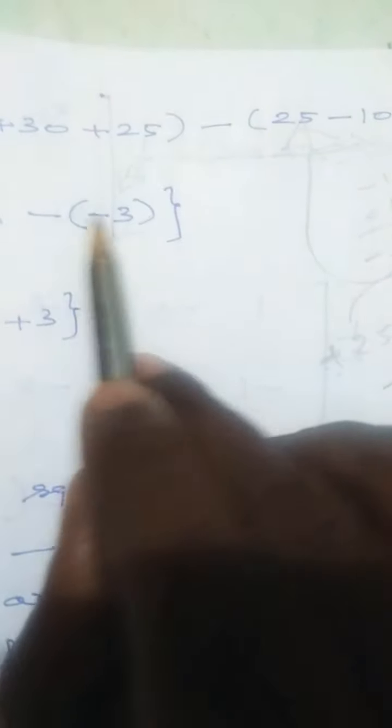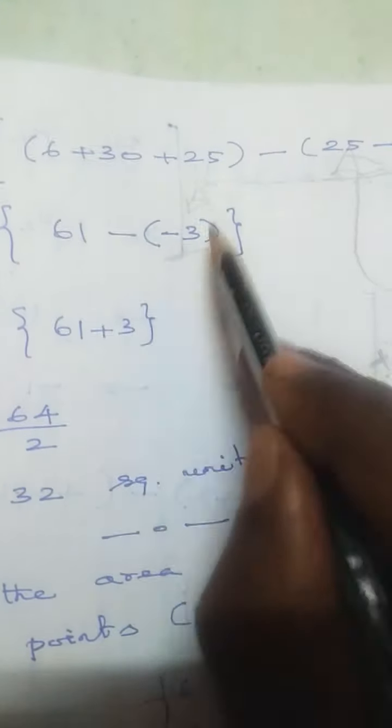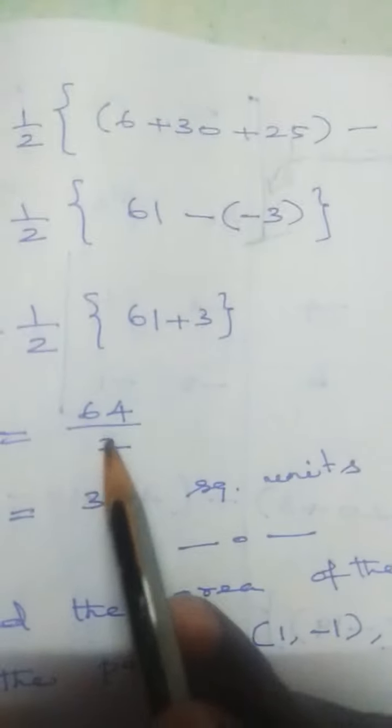Within the bracket, the total is minus 3. Now multiply minus into minus, since a bracket means multiplication. Minus into minus will give you plus, so 61 plus 3 gives you 64.